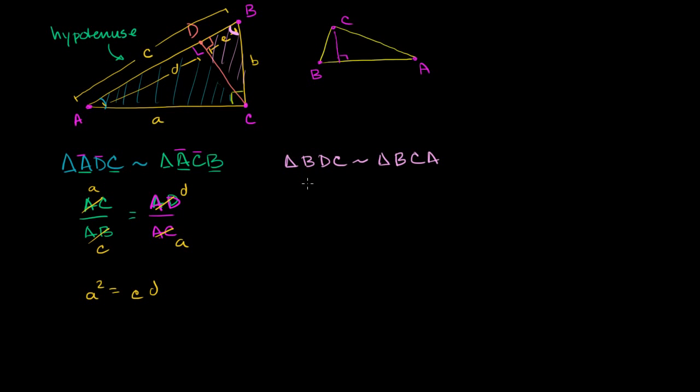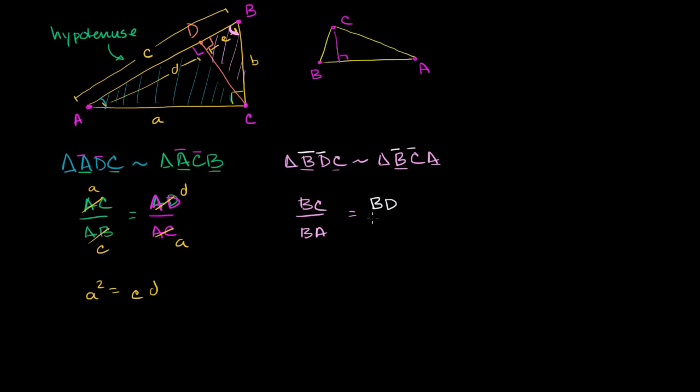So now let's set up some type of a relationship here. We can say that the ratio on the smaller triangle, side BC over BA, taking the hypotenuses of both of them. So BC over BA is going to be equal to BD, so this is one of the legs, the way I drew it is the shorter leg, BD over BC.